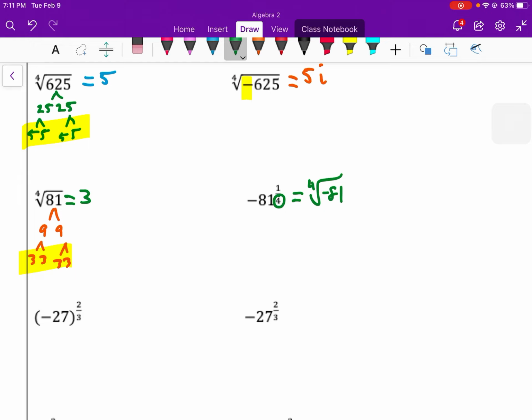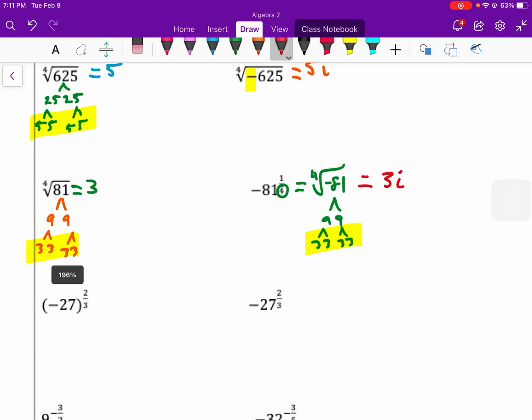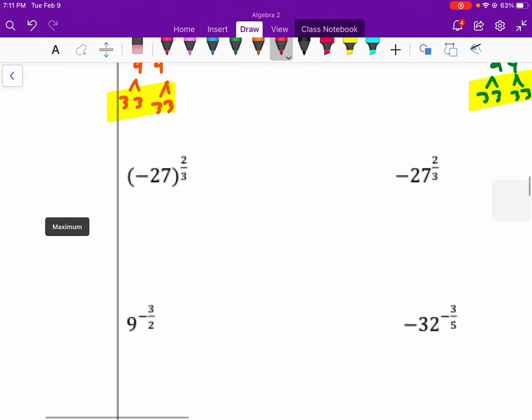So it's the 4th root of negative 81. And this is to the 1st power, so that's why that 1 is gone. So now when we do the factor tree of 9 times 9, which is 3 times 3 times 3 times 3, it's going to be imaginary because we have that negative in here and it's an even index. So this is now going to be 3i.